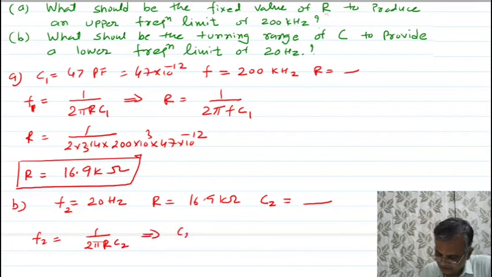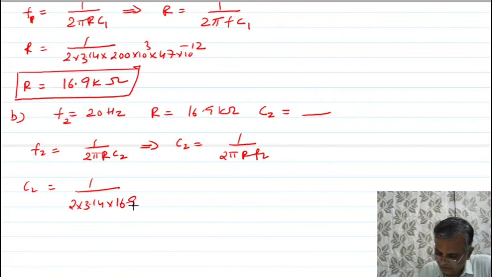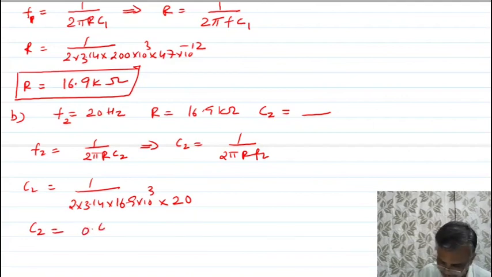So C2 is equal to 1 upon 2 pi R into F2. So C2 is 1 upon 2 into 3.14, 16.9 into 10 raised to 3, and frequency is only 20 Hz you want to produce. If you do the calculation, I am sure you will get 0.47 into 10 raised to minus 6 farad. So 0.47 microfarad.